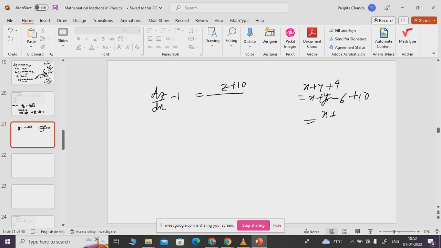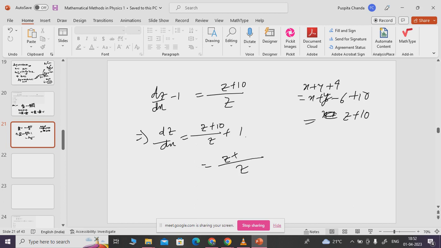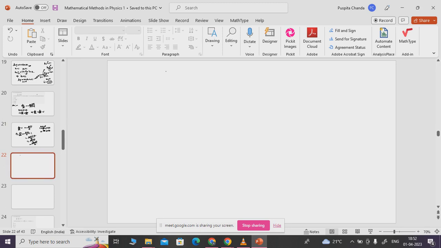So x plus y minus 6 plus 10 is x plus y plus 4, that is z plus 10. We need to simplify that: z plus 10 plus z, 2z plus 10, 2 into (z plus 5).